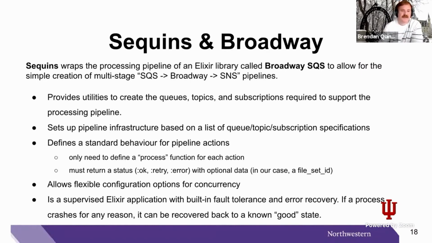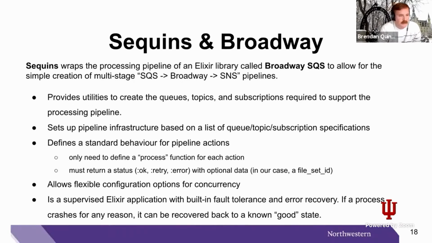The job of Sequins in Broadway is to sort of add SNS pub sub to the Broadway pipeline. It has a lot more opinions about the pipeline than Broadway does. Broadway gives you a lot of flexibility, and we didn't need that flexibility, so we wrote a wrapper around it so that we can have sort of default behavior and not have so much ceremony in our actions that we define for the pipeline.